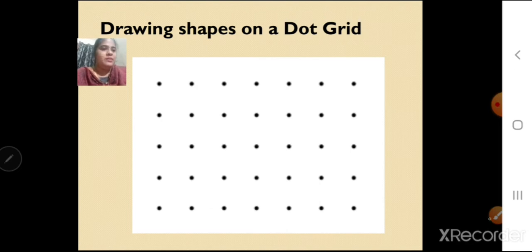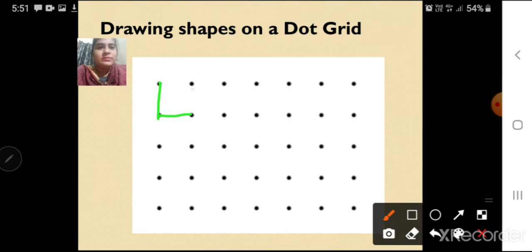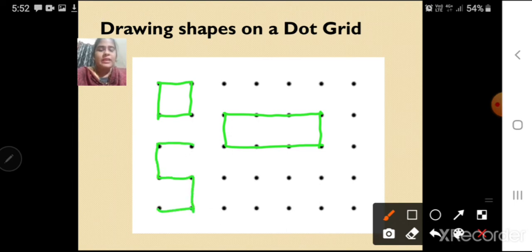For example, I can make here a square. I can also make a rectangle. You can also write S, an alphabet.